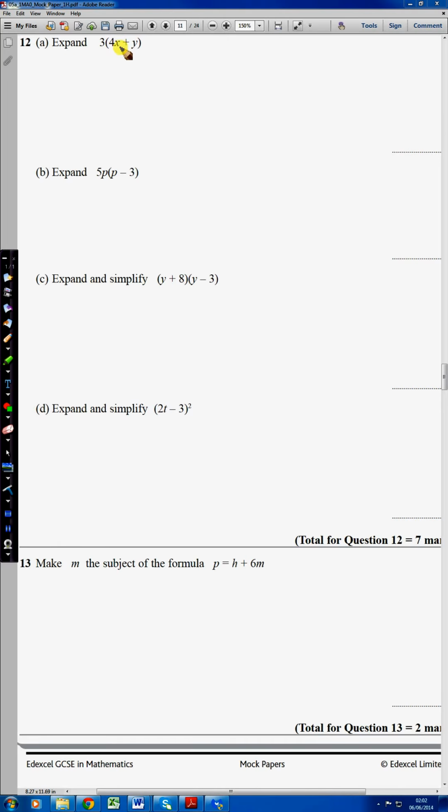So expand 3 times the bracket 4x plus y, which means we're going to have to do 3 multiplied by 4x, and then 3 multiplied by plus y.